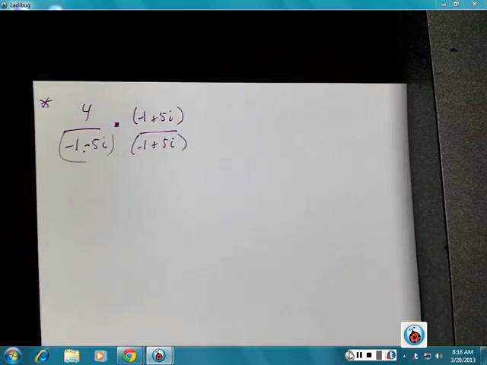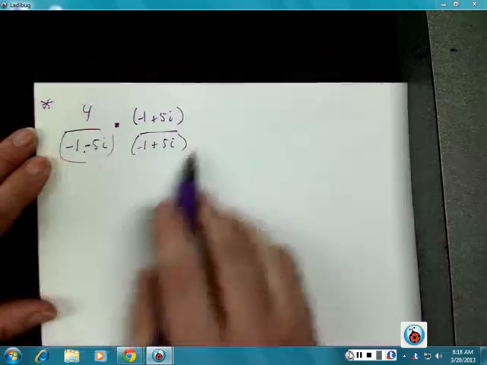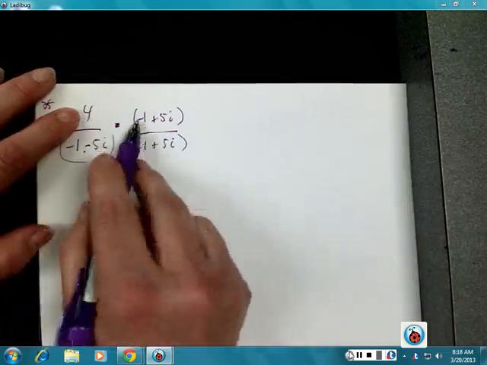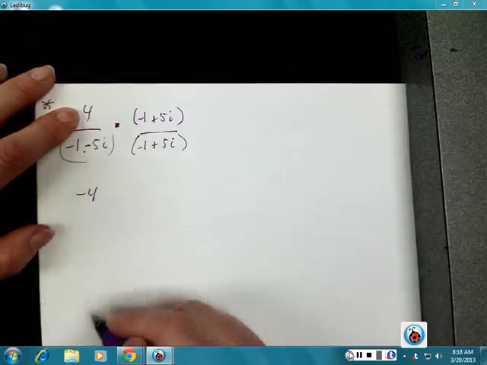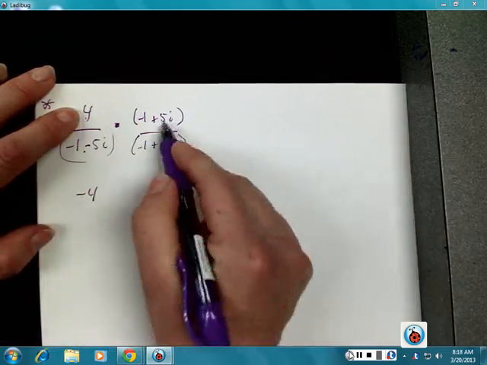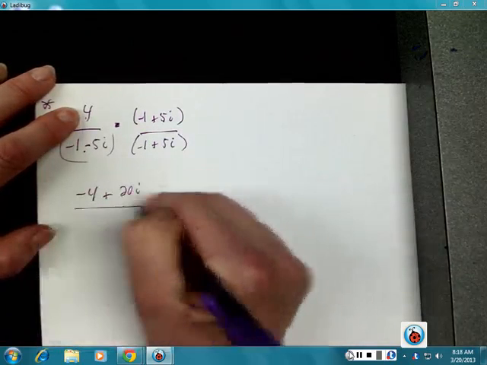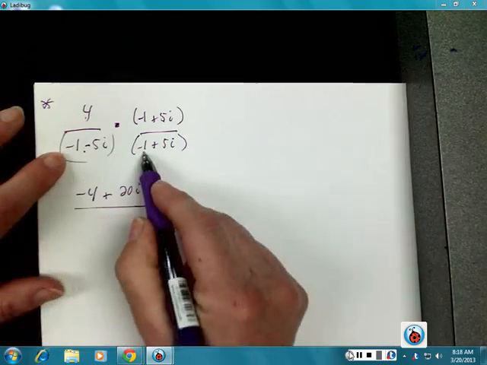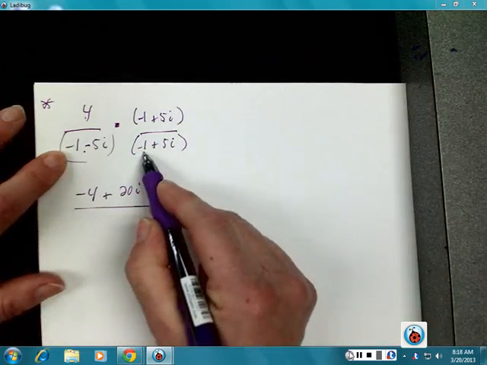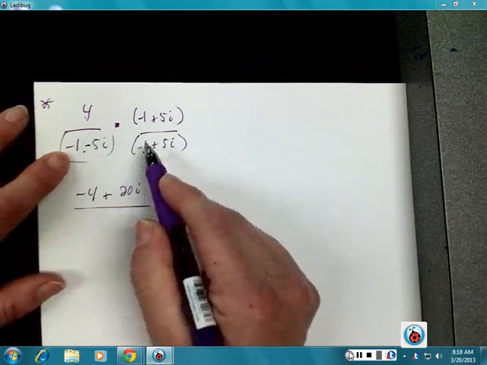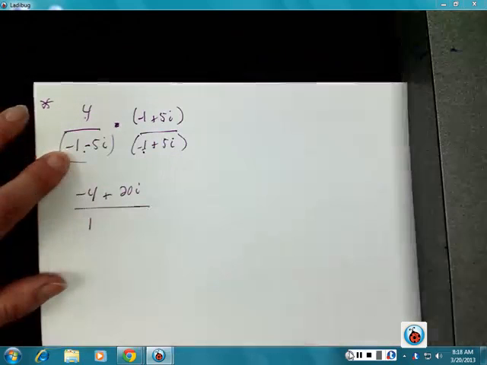And because it goes on top, what am I left with for this answer? Well, 4 times a negative 1 is negative 4. 4 times a positive 5i is 20i. And what do I have in the bottom? Well, I know with conjugates the middle disappears, so I don't have to do that part. Negative 1 times a negative 1 is a positive 1.